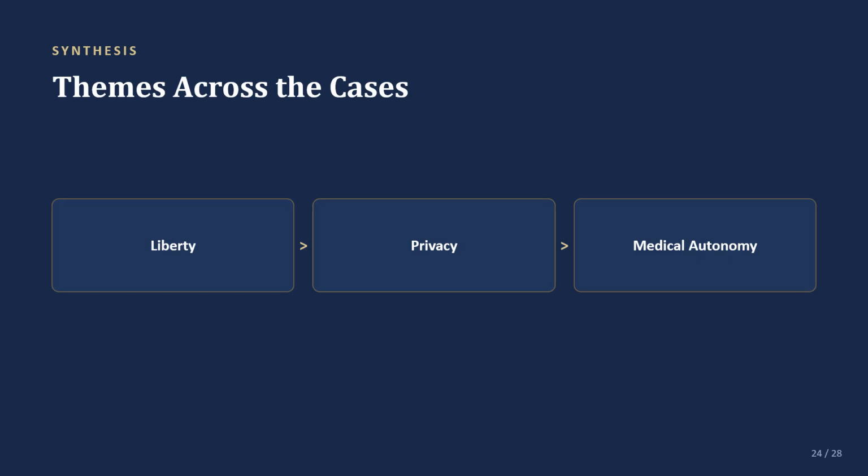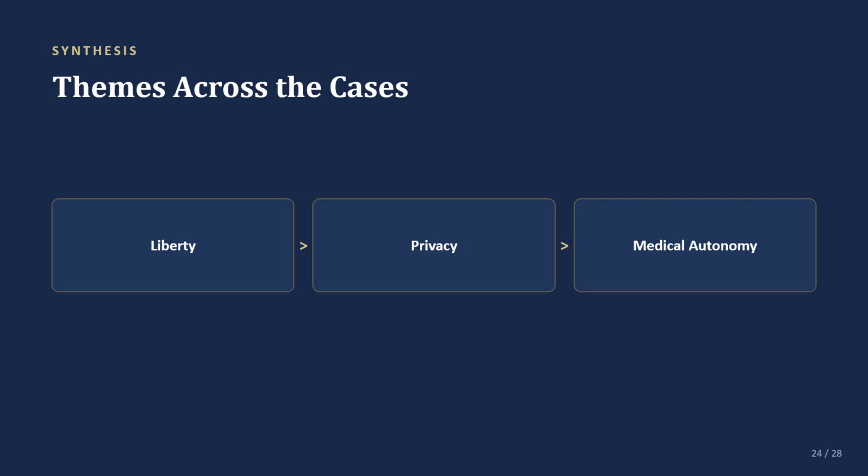Now this slide gives us a deceptively simple visual. We have liberty, then privacy, and then medical autonomy, connected by arrows. I want to unpack that progression and what it's actually claiming, because the backbone running underneath everything we've covered today is worth talking about a little bit more.